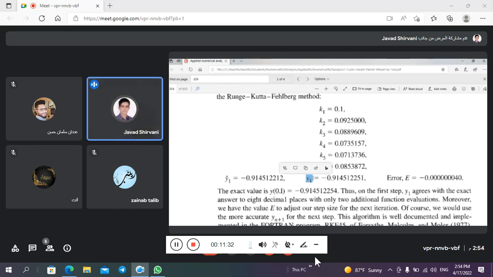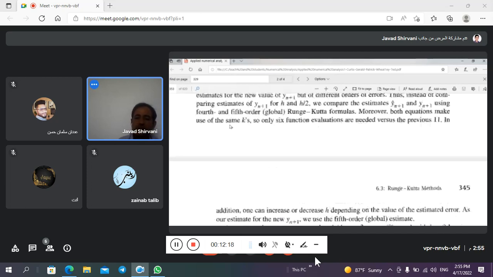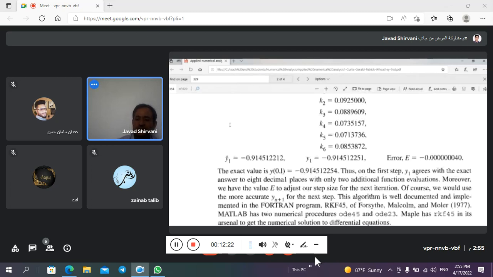You can see here in the y hat formula in the first line of this presentation, and the second one, yn plus 1, we have another k6, which actually interpolates the function, or the solution of this differential equation, with more accurate polynomials of higher degree, and we have a much more accurate solution for y1.